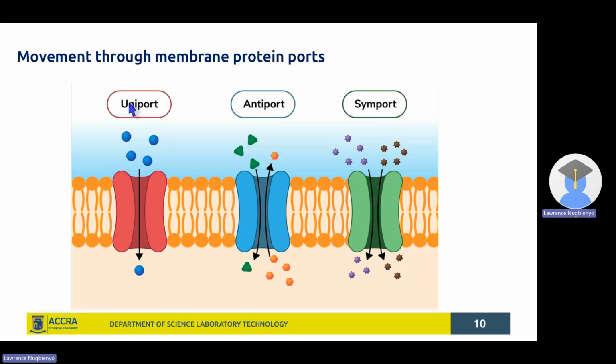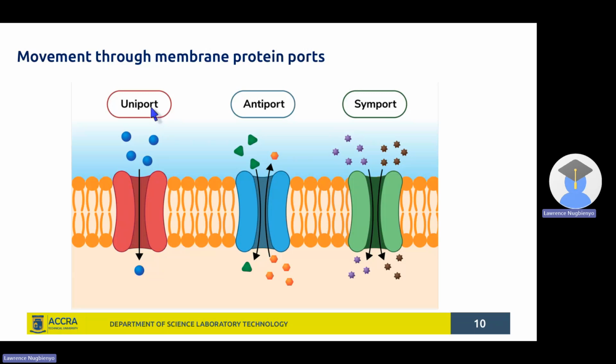Sometimes you also see in biochemistry books uniporter, antiporter, symporter. It's referring to the same thing. Sometimes the term uniporter, antiporter, and symporter is used to refer to the proteins that are embedded in the cell membrane, whilst uniport, antiport, symport refers to the process of transport across these proteins.